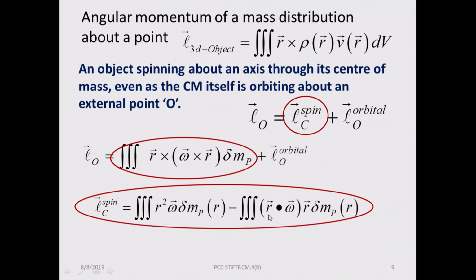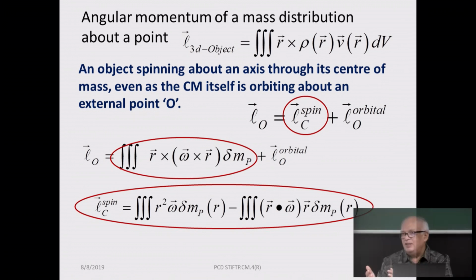But the second term has an integral over this, which means that the angular momentum and the angular velocity need not always be collinear. They may not be parallel to each other. And this is an idea that we have to be really comfortable with, that we normally assume that the angular momentum and the angular velocity have the same direction. It is obviously not so.